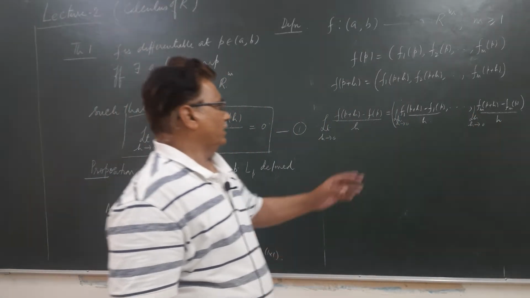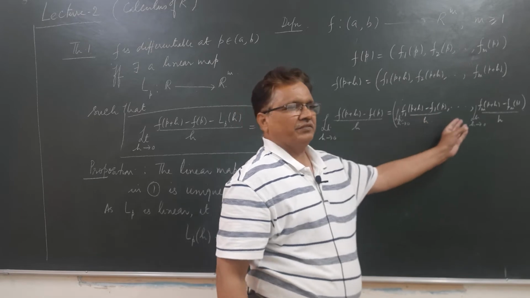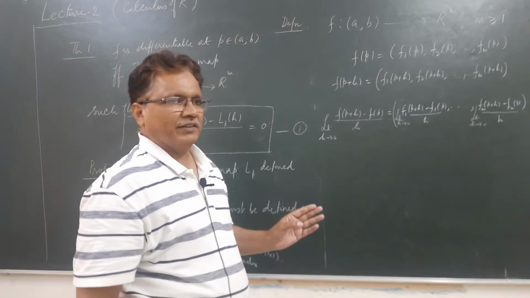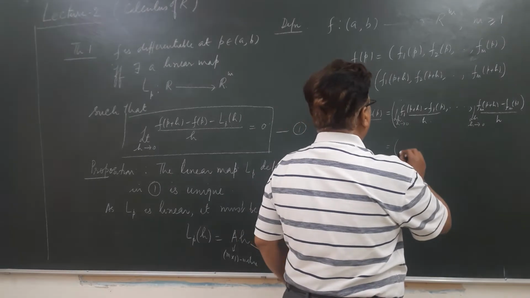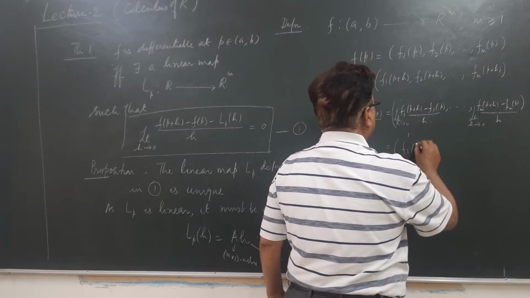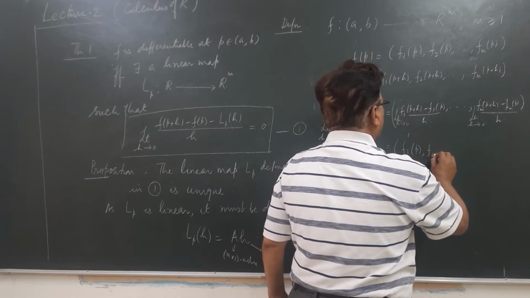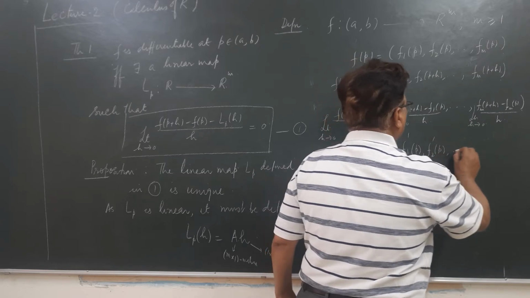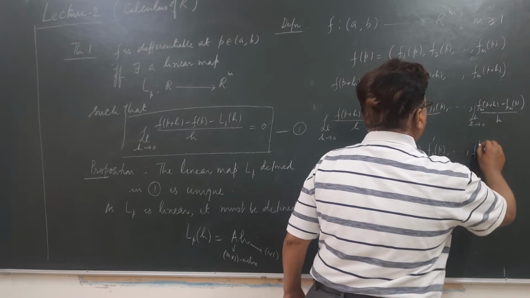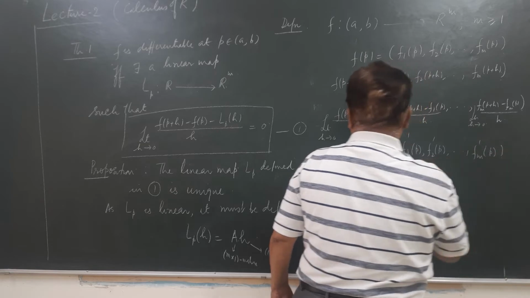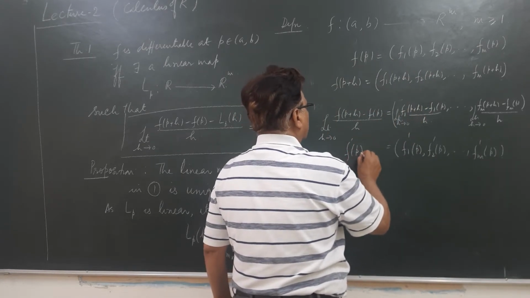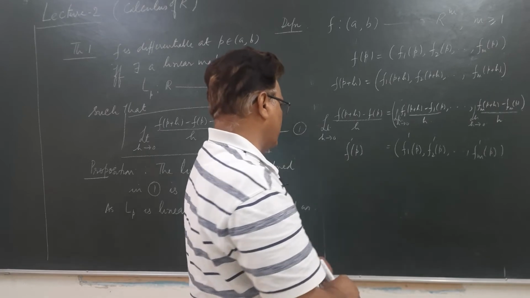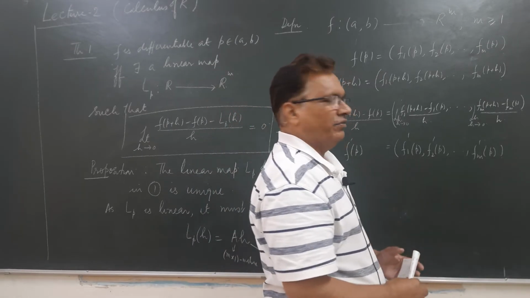Now, if all these components f1, f2, f3, fm are differentiable functions at p, then these derivatives you can denote by f1 dash p, f2 dash p and fm dash p. So, if you call it f dash p, then you see that f dash p is nothing but this m by 1 matrix.